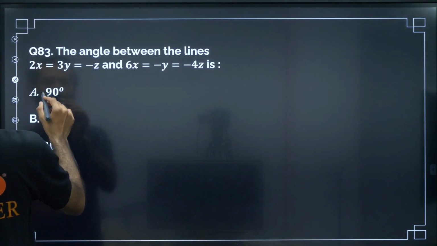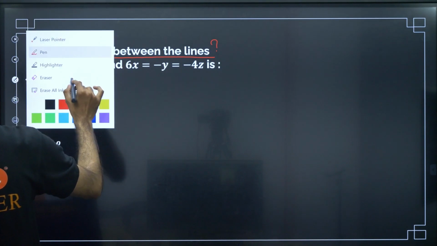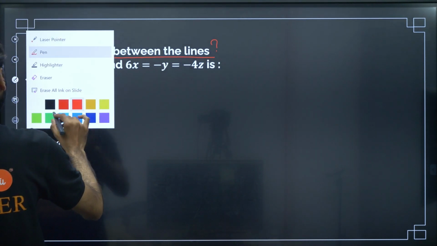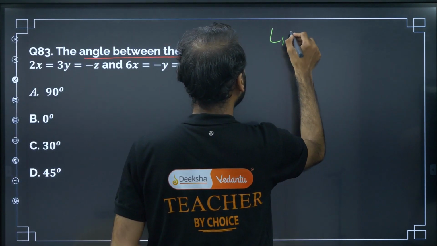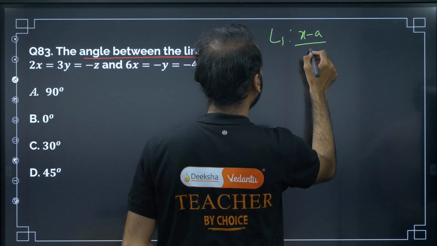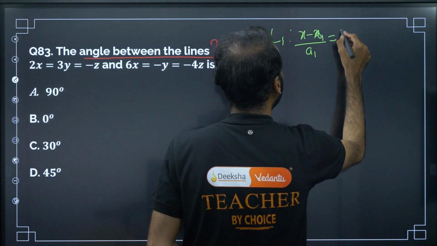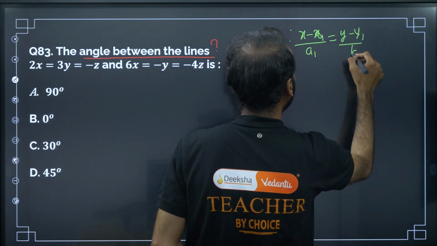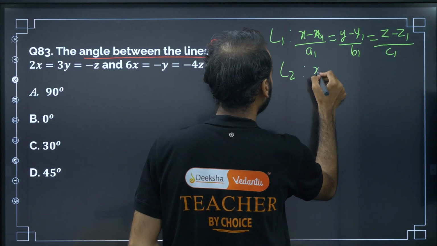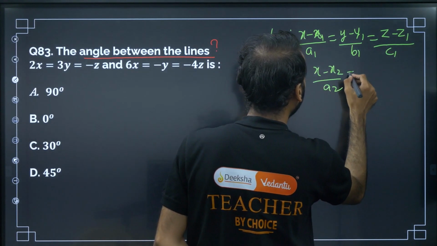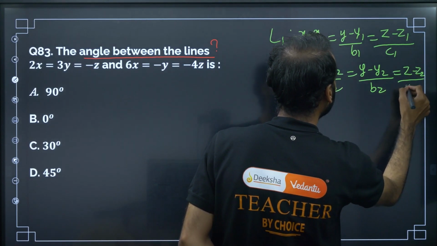The angle between the lines, they are asking to find angle between lines. Now coming to straight lines, three-dimensional geometry, synopsis: angle between lines. Suppose line 1 is x minus x1 by a1, y minus y1 by b1 is equal to z minus z1 by c1. Next line 2: x minus x2 by a2, y minus y2 by b2 is equal to z minus z2 by c2.